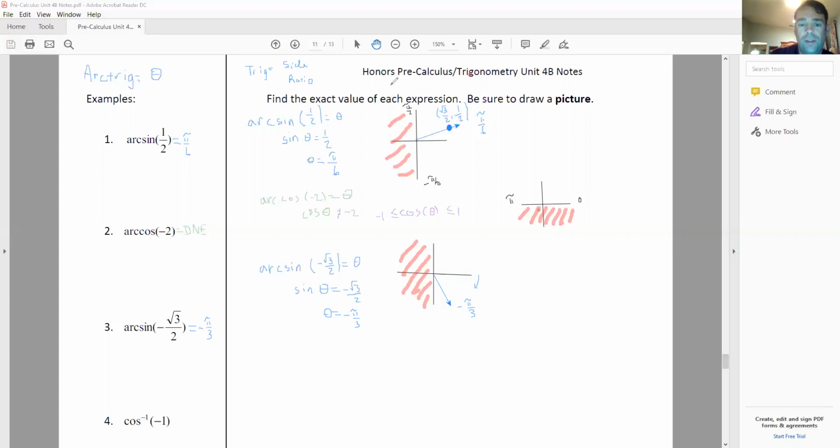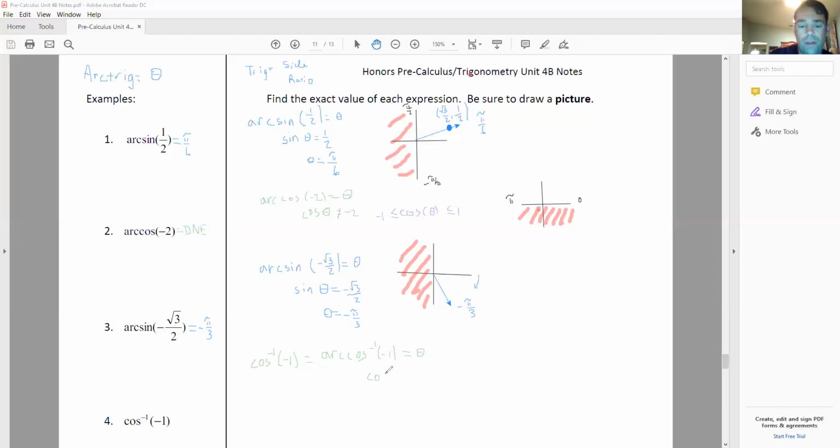All right, let's see how you guys did on this cosine inverse of -1. First of all, I don't like using inverse cosine, so I'm going to change that to arc cosine. Let's say the same thing. Arc cosine of -1. I'm going to make that theta.